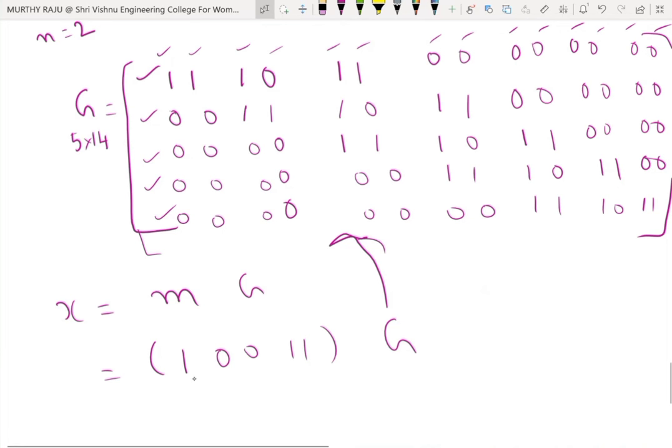The message 1 0 0 1 1 is multiplied with the first column. 1 into 1 1, exclusive OR with the remaining, which are multiplied with 0 means 0. 1 exclusive OR with 0 is 1.